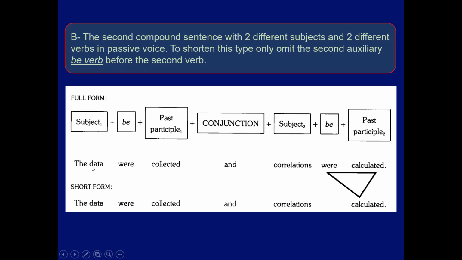So for this example: the data were collected and correlations, which represent the second subject, were calculated. According to that rule, we need just to omit the verb be here. The were should be excluded. So instead of that sentence, it should be written in this way: the data were collected and correlations calculated.